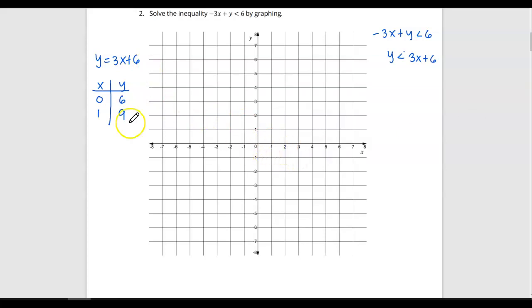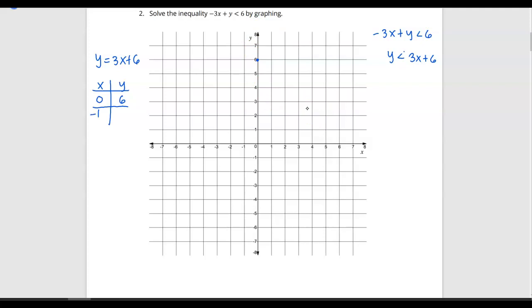Then let's plot those 2 points. We start with (0, 6). If x is equal to 0, y is 6. We have that. And then, you notice that 9 is no longer here. Then we might just try x equals negative 1.